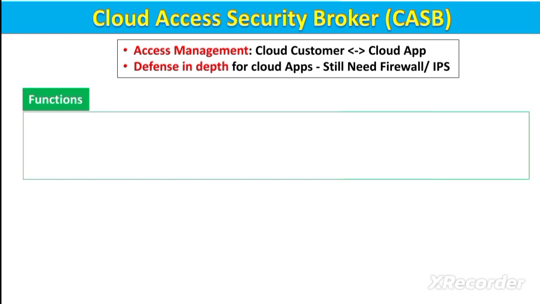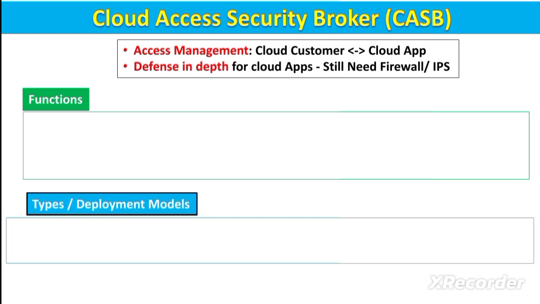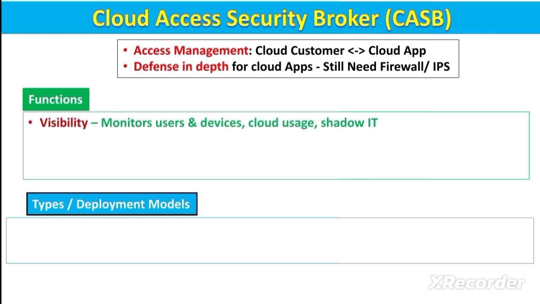Now I will discuss certain functions provided by CASB and also the types or deployment models. So the first function is visibility. CASB monitors the users and the devices which access the cloud services.